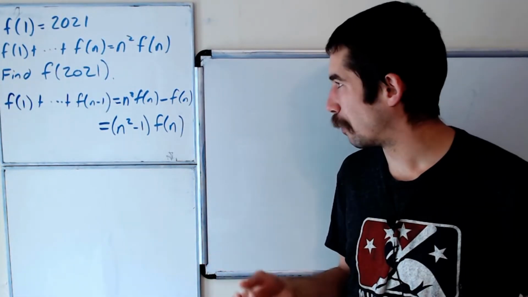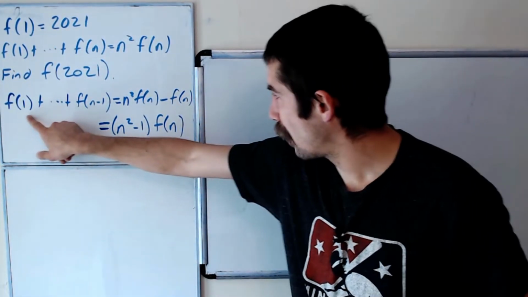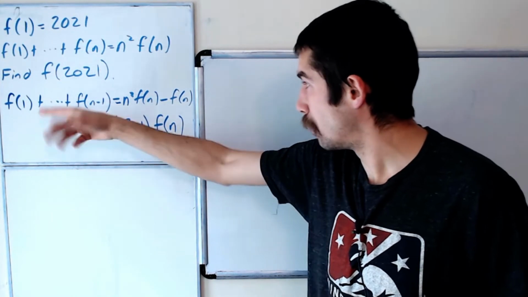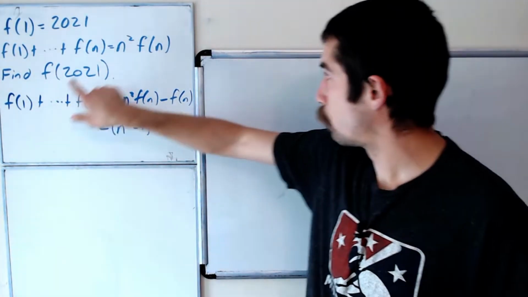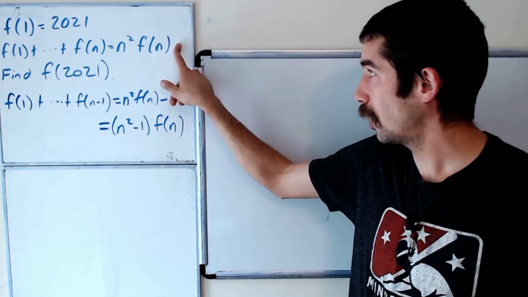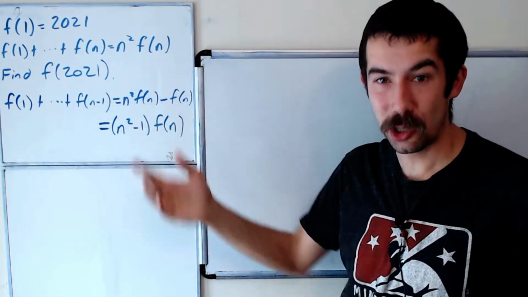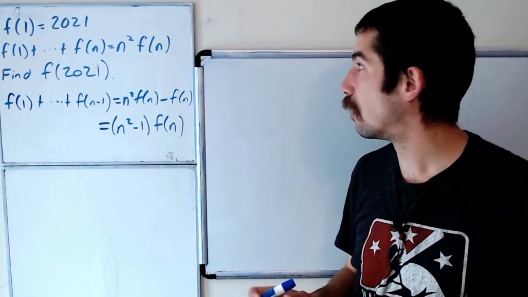Maybe this doesn't help. But what do we have here? This is the sum of f evaluated at the first n minus 1 integers, which we know by our rule is going to be n minus 1 squared times f of n minus 1. So let me write that here.